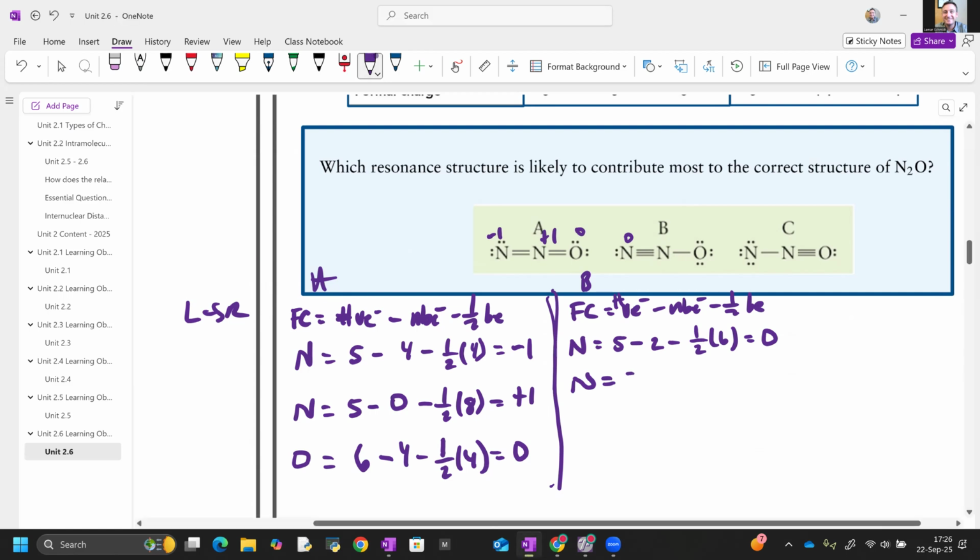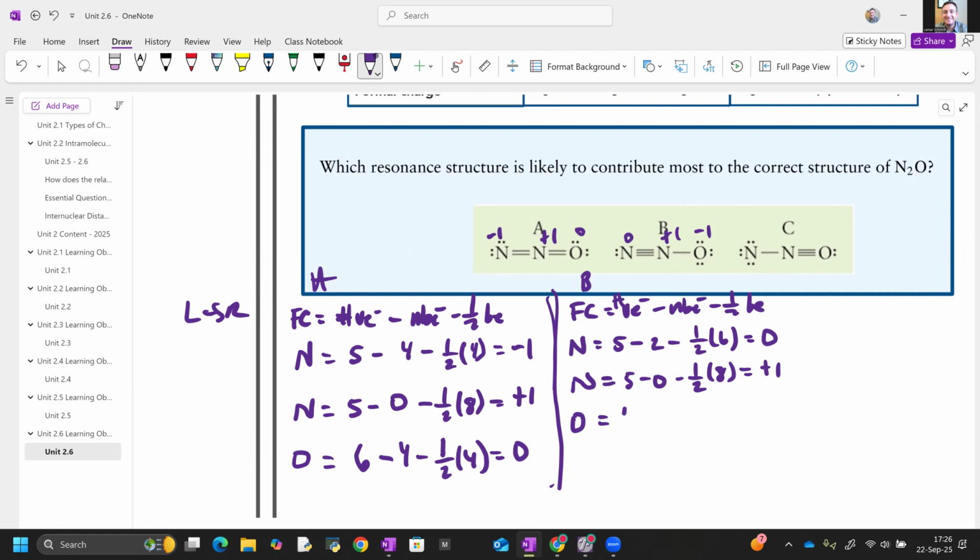We see that we have 5 minus 0 minus 1/2 of 8 and this is going to end up being +1. So according to our rules, what would be the formal charge of oxygen? That's right, it would be -1 because the sum of the formal charges should equal 0. But we'll go ahead and calculate it anyway. 6 minus 6 minus 1/2 of 2, which is equal to -1.